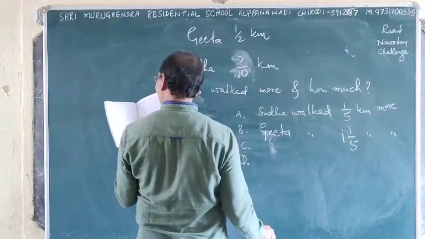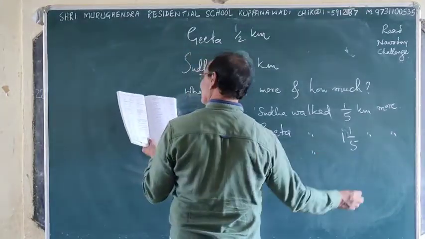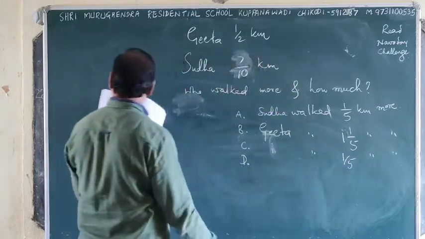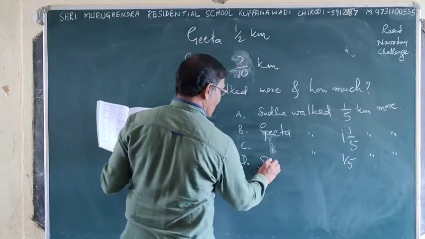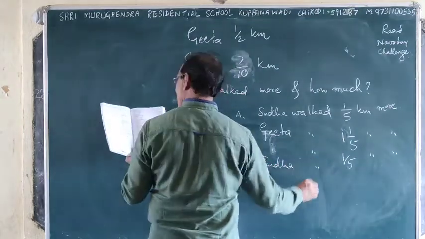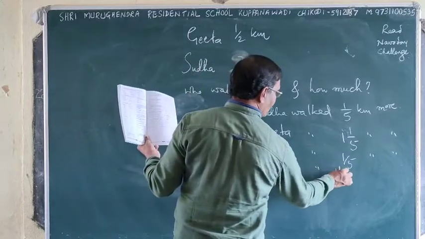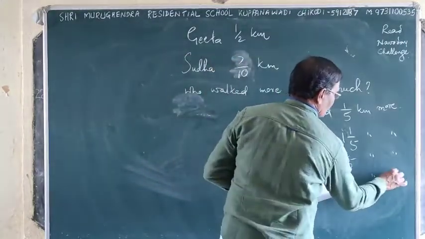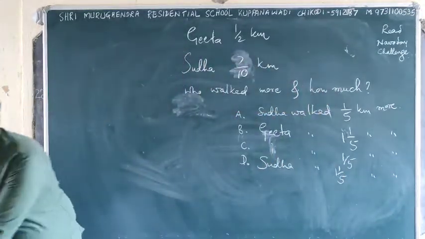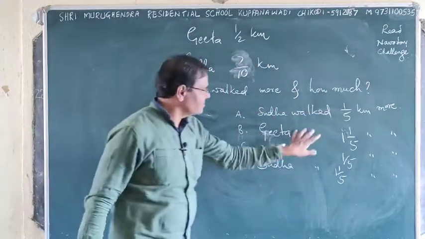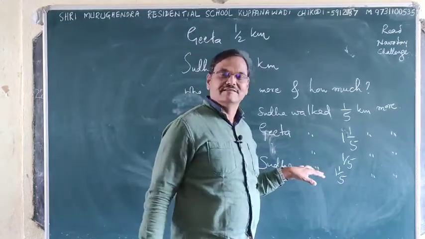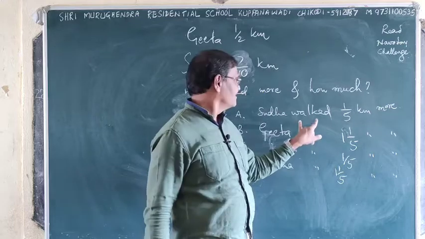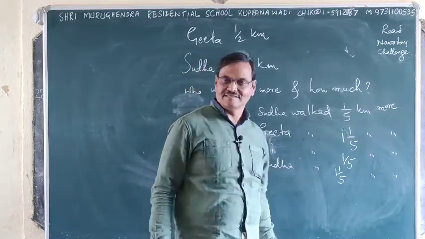Here also Geeta walked 1/5 kilometer more. And here it is Sudha walked 1/5 kilometer more. Your answer will not be given like this, whereas for easiness I am doing it, because it is as it is.